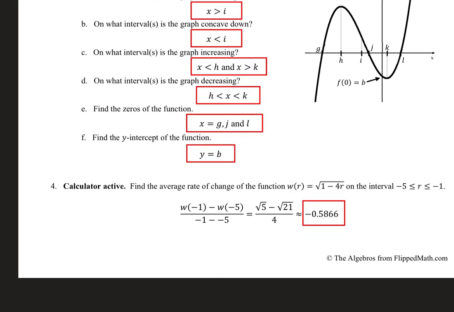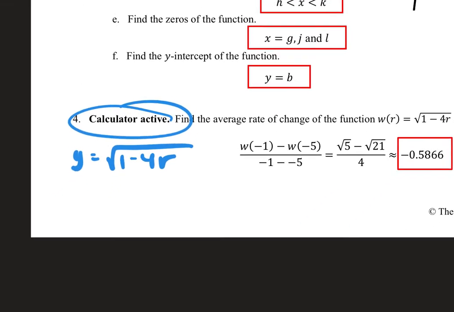And then here's one that says calculator active, right? So this would be one that you would have to do with your calculator. This would be on the calculator part. And in this case, I would strongly recommend you take advantage of your y equals. I would type in y equals 1 minus 4, the square root of 1 minus 4r.